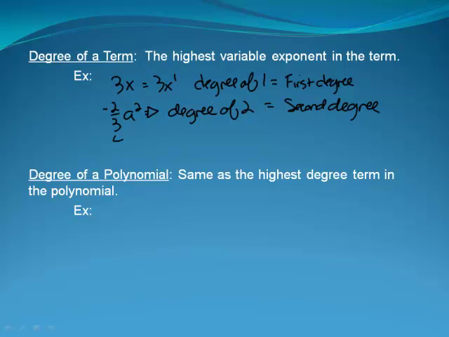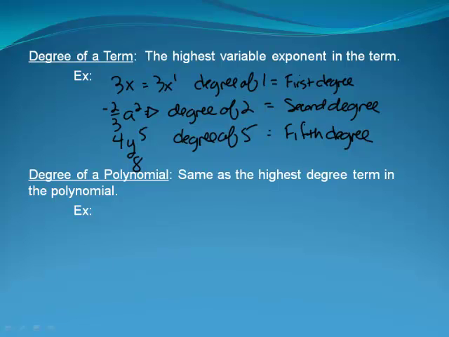If you had 4y to the 5th, highest power there is 5, so that's said to be a term degree of 5 or a 5th degree monomial.